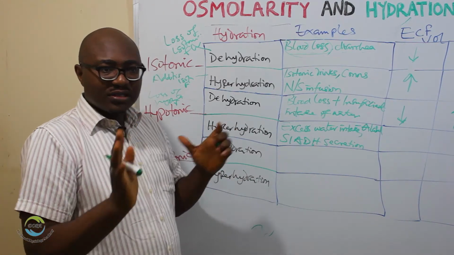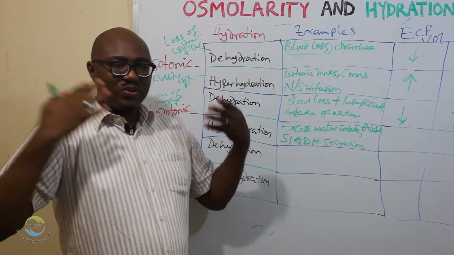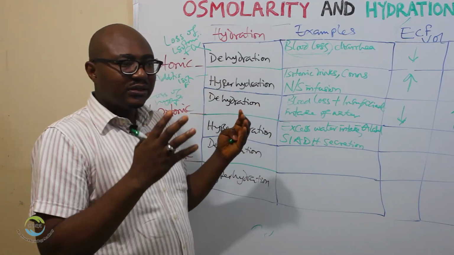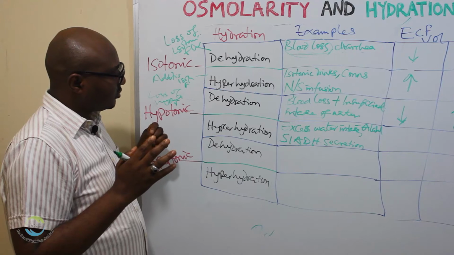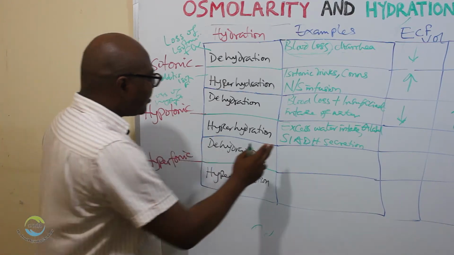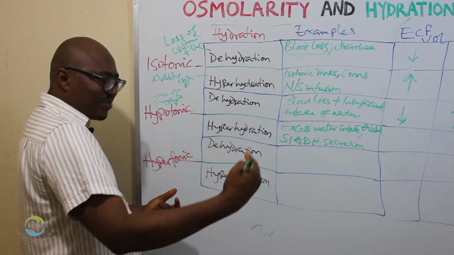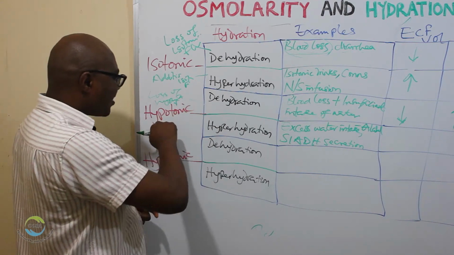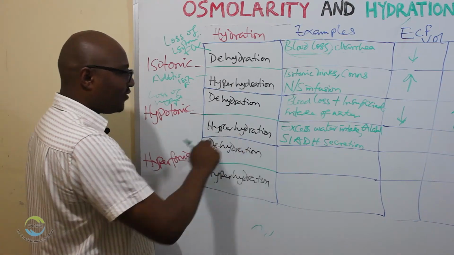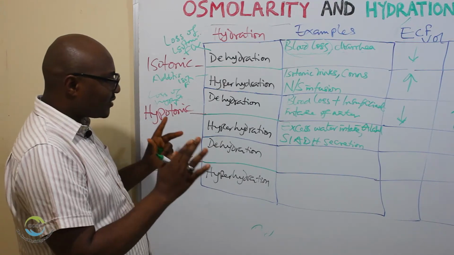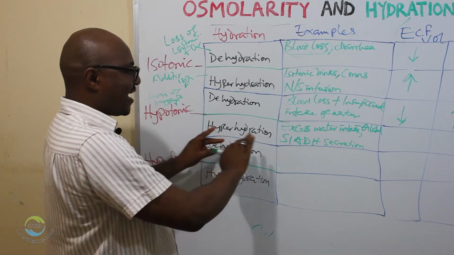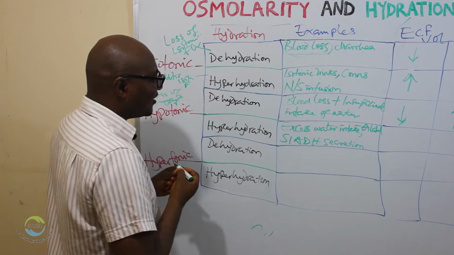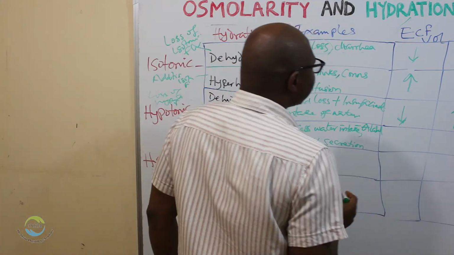Water alone, it's not adding anything else. So excess water is being reabsorbed than normal. Do you understand? So that means it's adding to the volume. It will cause it to be hypotonic hyperhydration. Do you get it? Hypotonic hyperhydration.